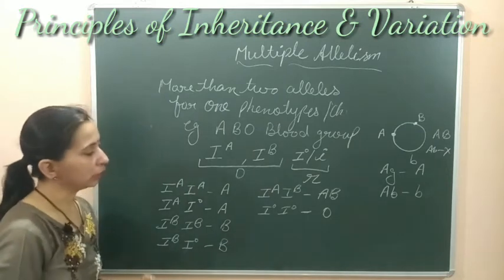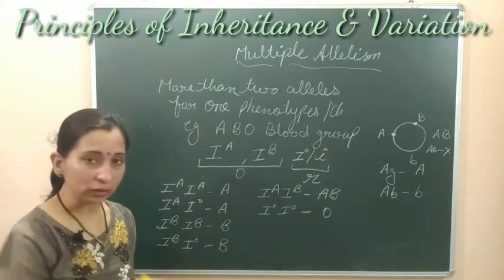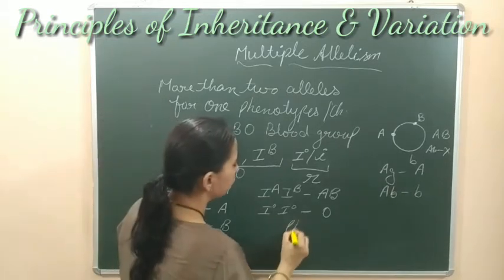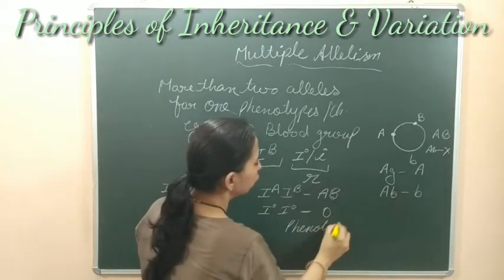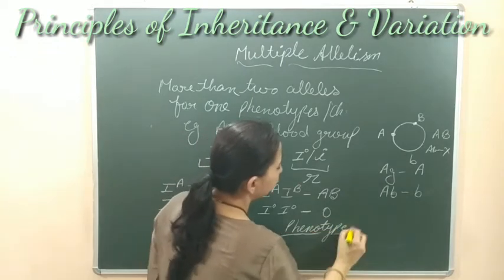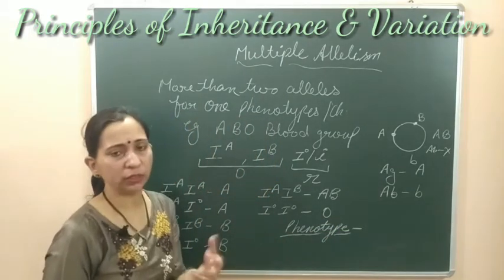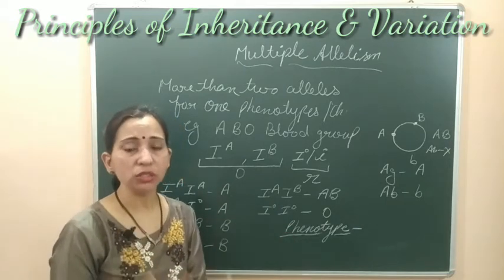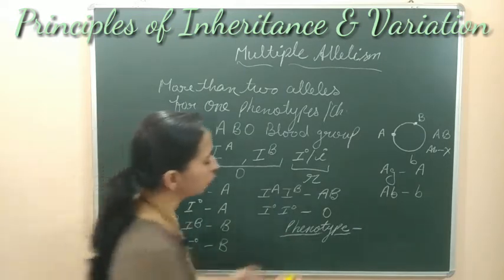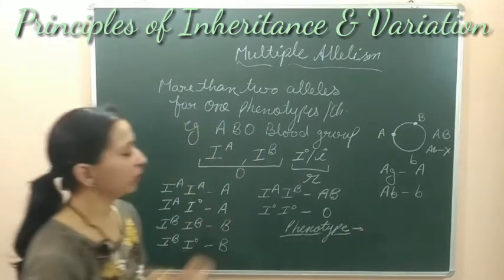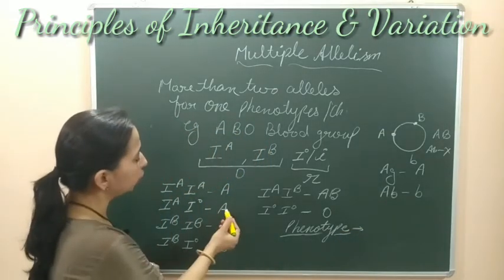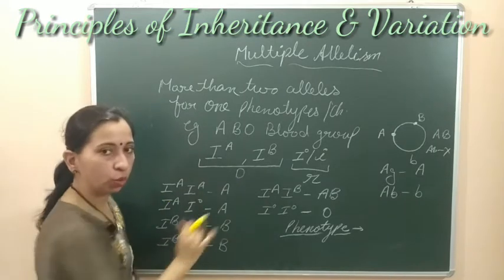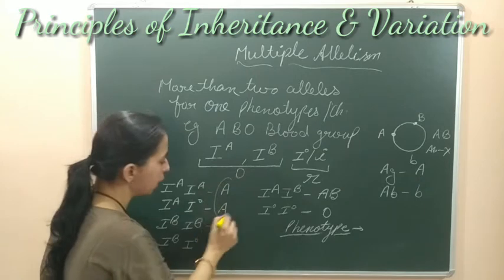So if we talk about the genotype and phenotype of this kind of condition, how many possible phenotypes are there? Phenotype means physical appearance, but here nothing is related to physical appearance. We are talking about the different possibilities of the blood at the phenotypic level. So what will the phenotype be in this case? In these two conditions, the blood group will be A blood group.